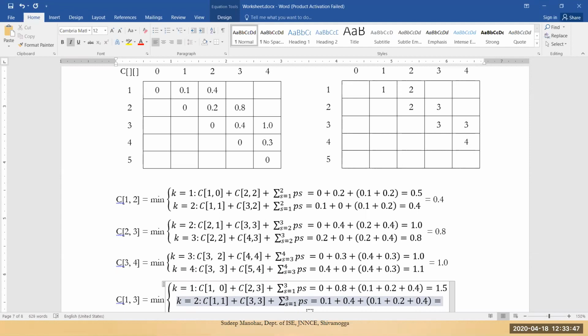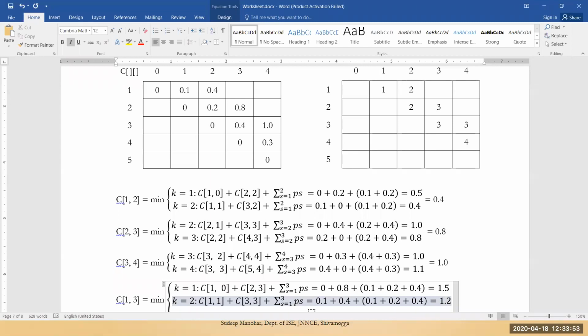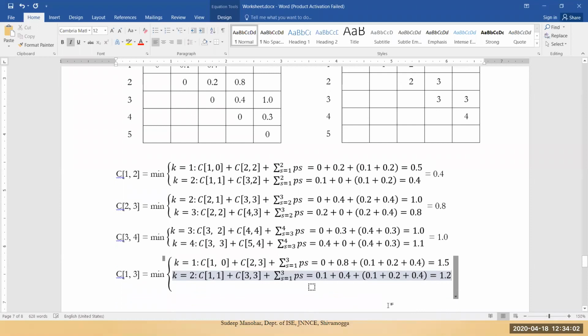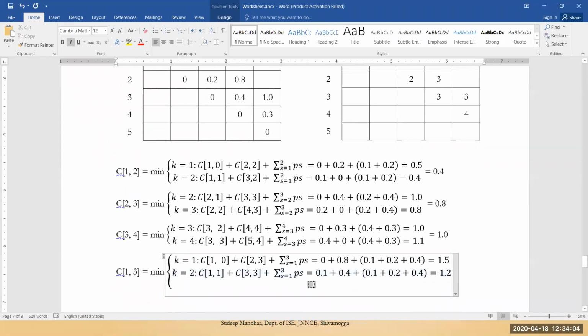So what do you get? 0.7 plus 0.4. It is 1.2, I think. Is it correct? Yes, 7 plus 5, 12, 1.2. Yes. Next, k is equal to 3.